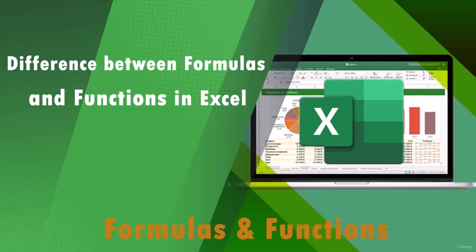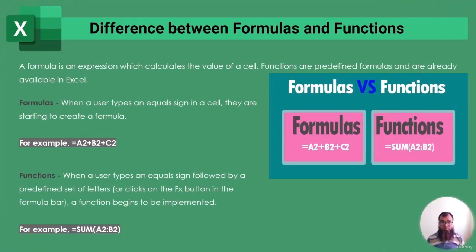Hello friends, in this lesson I will teach you the difference between formulas and functions. A function is an expression which calculates the value of a cell. Functions are predefined formulas and are already available in Excel.